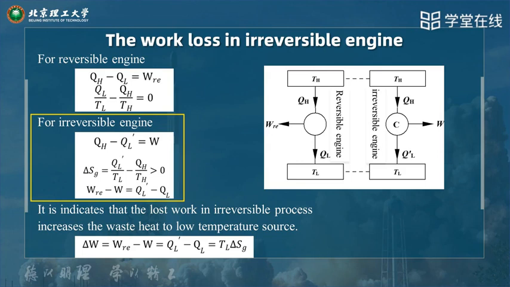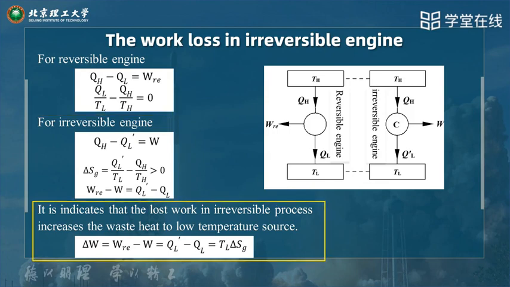Delta Sg equals QL prime divided by TL minus QH over TH. We know delta Sg is always larger than 0. So WRE minus W equals QL prime minus QL.